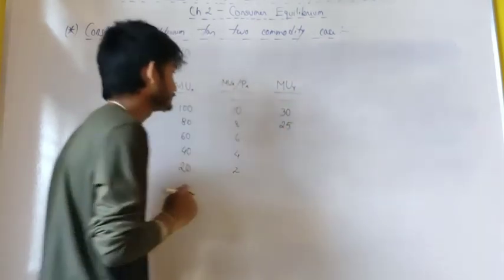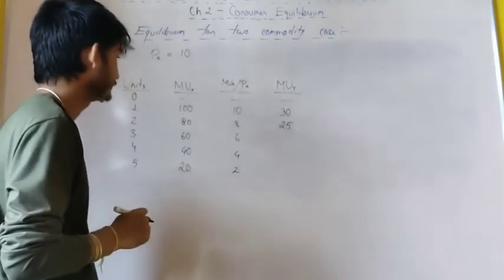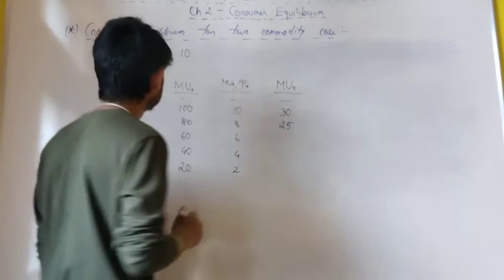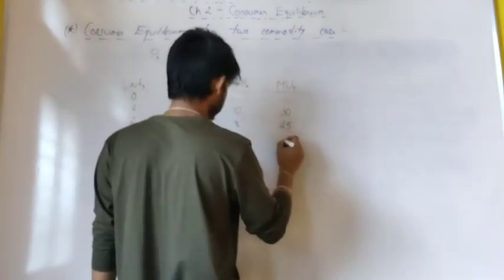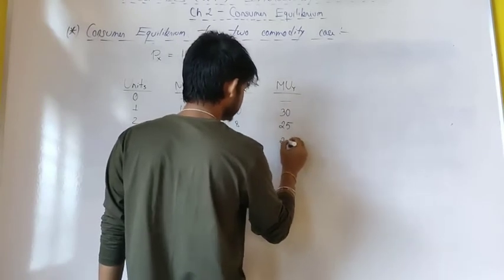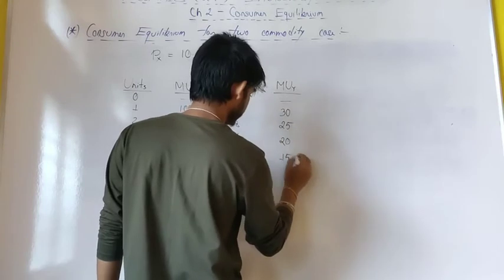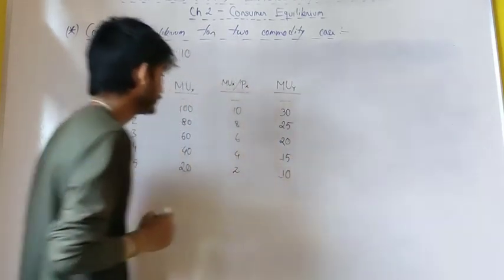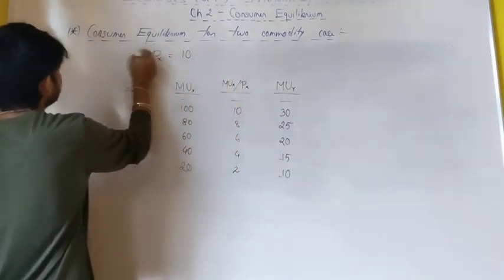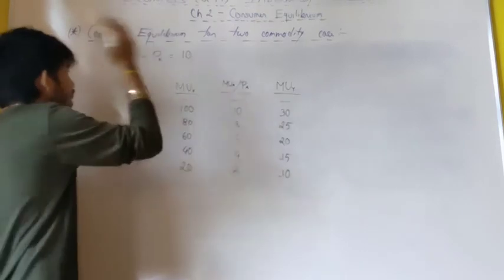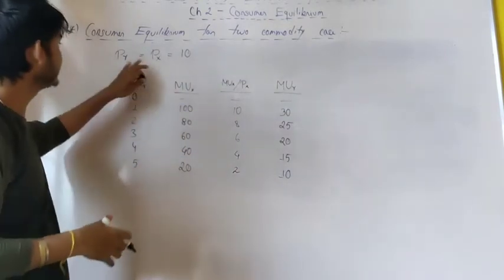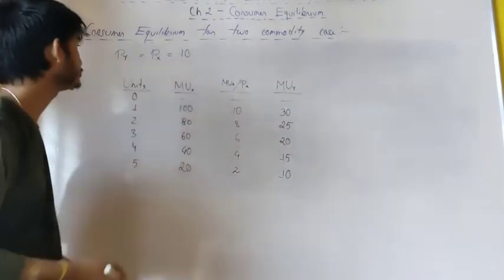Hold on, let me take some good example that will clarify you even much better. 25, then 20, then 15, and then 10. So we are also assuming that for simplicity, the price of good Y is also 10. You can take any other price, but for simplicity I am just taking the price of good X and price of good Y is also 10.